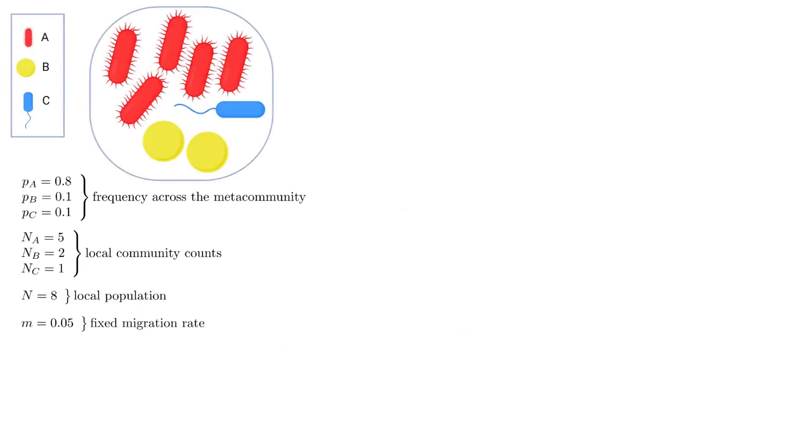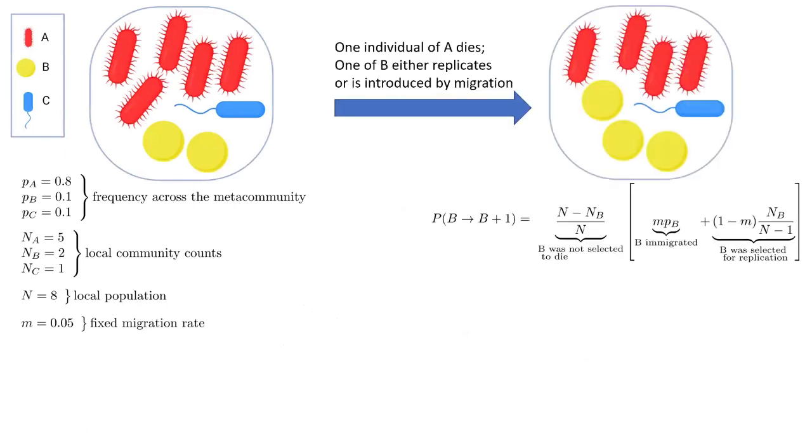And then based on this dynamic, three things can happen in your system. If you zoom into one species, here I will zoom into species B, three events could happen to species B. It can replicate: one of the species dies from the community, then it replicates, so you have B and then you go to B plus 1.